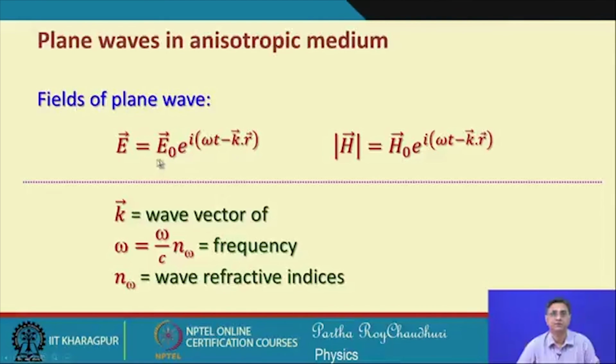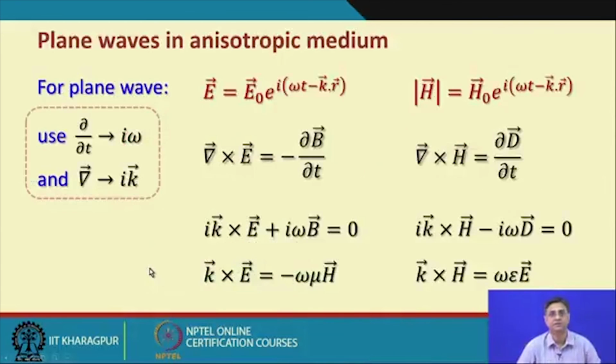We have seen that fields of plane waves are represented by E equal to E naught e to the power of i omega t minus k dot r, and similarly for the H field we can represent it in this way, where k is the wave vector, and omega is the frequency of the electromagnetic waves, and this is the wave refractive index. We will see that there are two refractive indices, one is the ray refractive index, another is the wave refractive index.